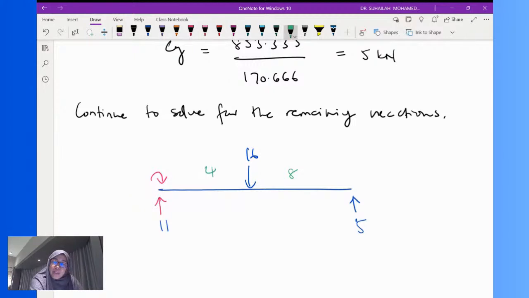So it is 64 minus 40, so it is 24. So the moment is negative 24. Please check. The moment is 24. Is it the right answer?